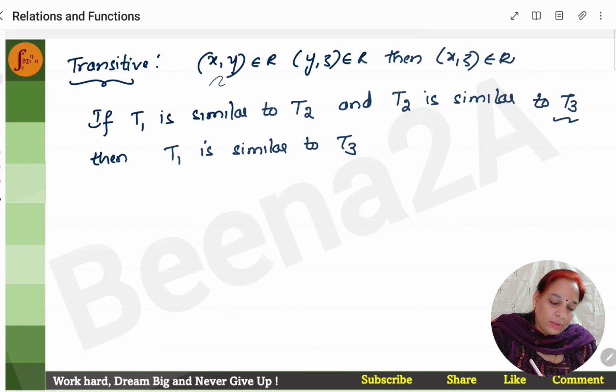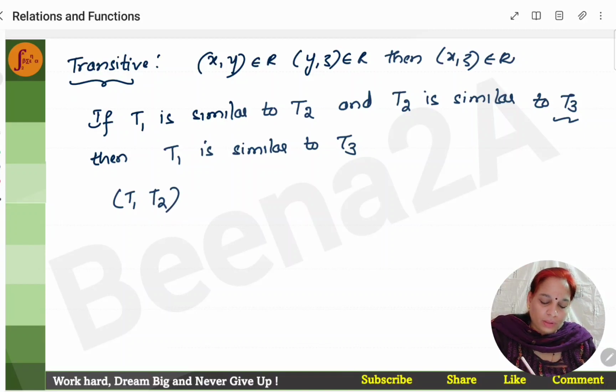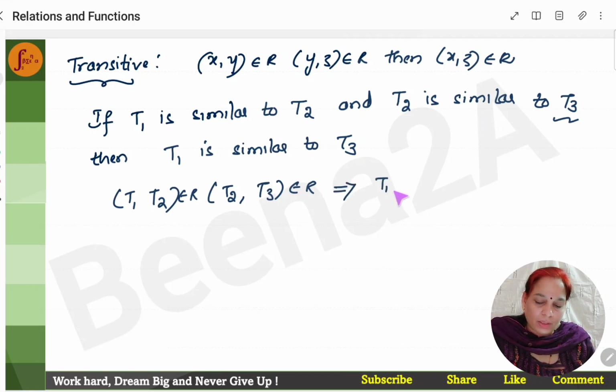So you will say T1 and T2 and then T2 and T3 implies that T1 and T3 belong to R. Now this is obvious, right? If T1 is similar to T2 and T2 is similar to T3, then T1 is similar to T3 because all three triangles will be similar. Therefore, we can say it is transitive.